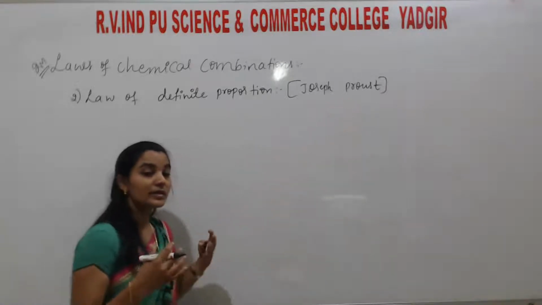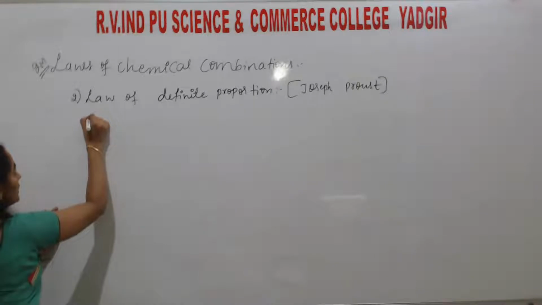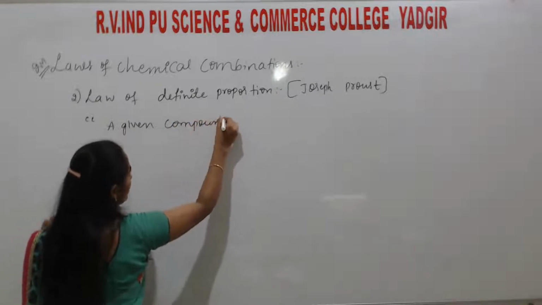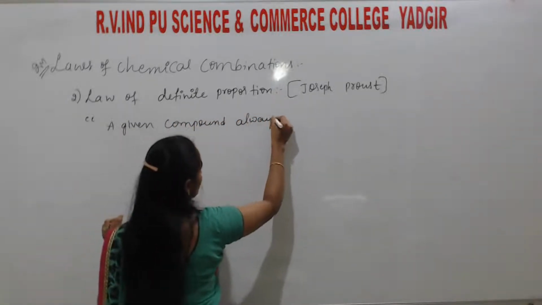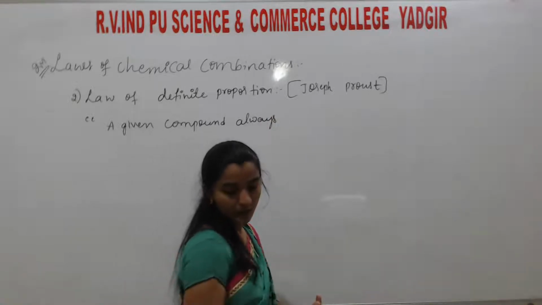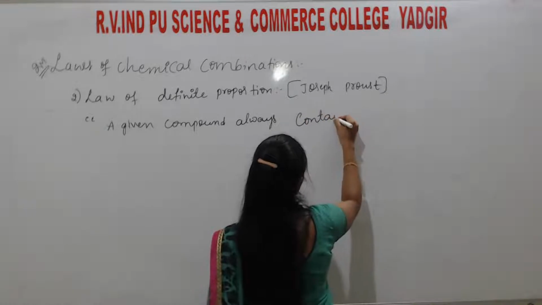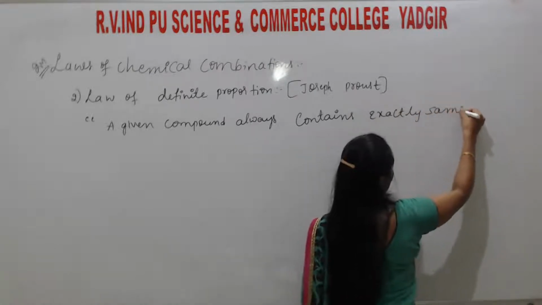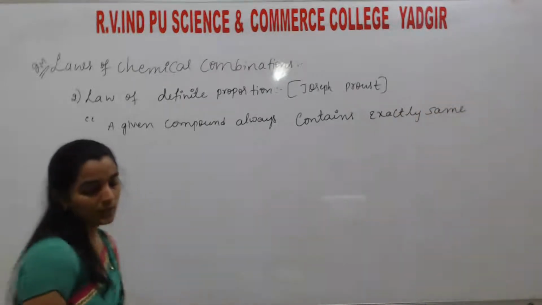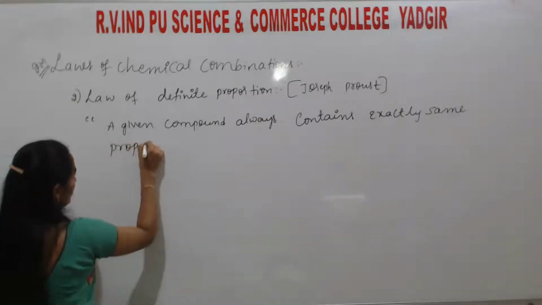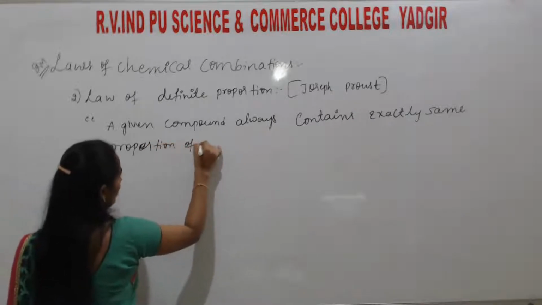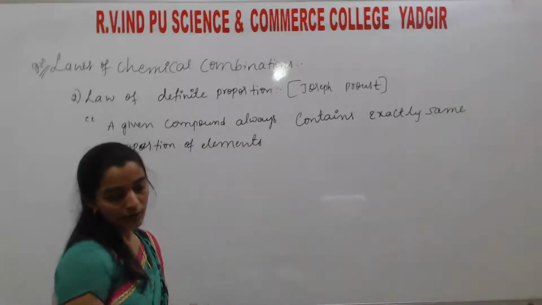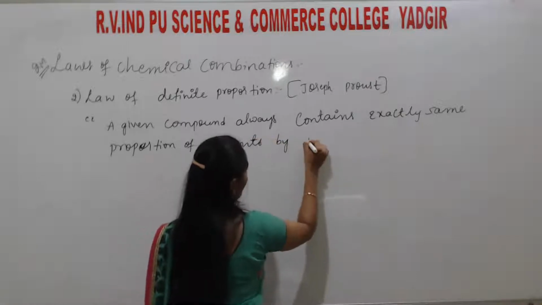So students, what does this law of definite proportion tell us? This is a statement: a given compound always contains exactly the same proportion of elements by weight.